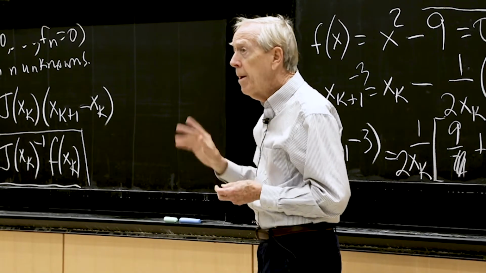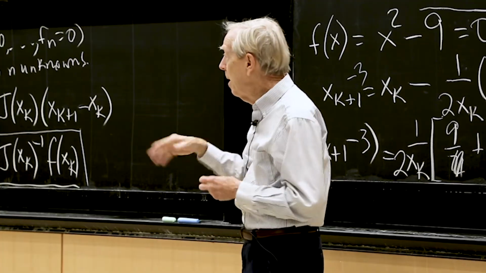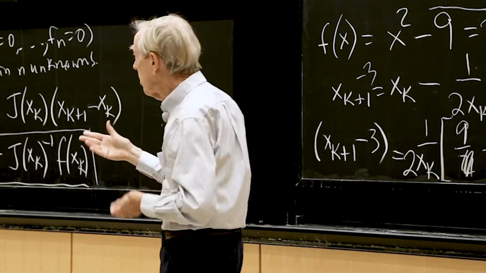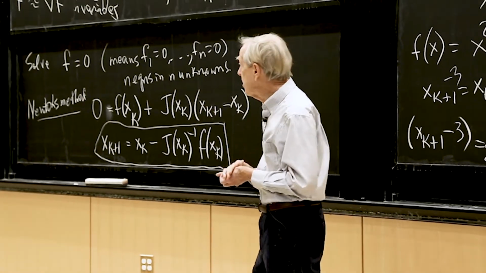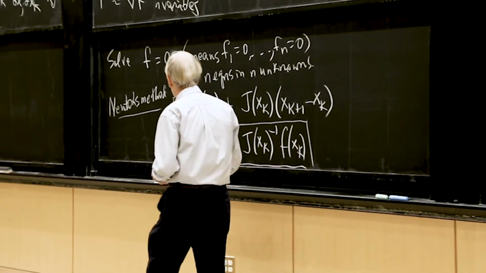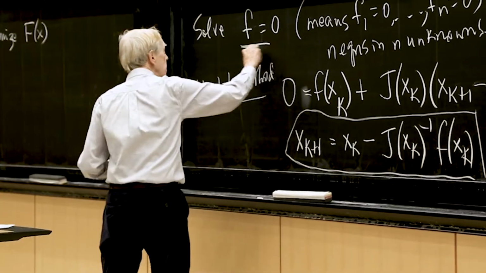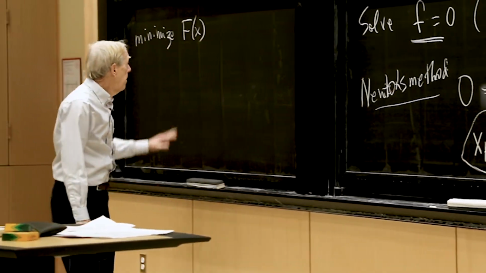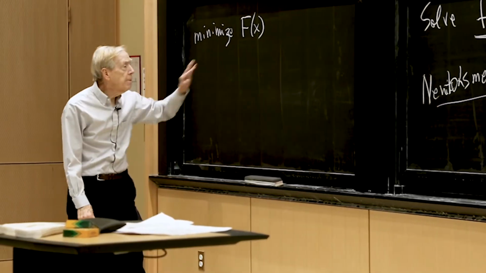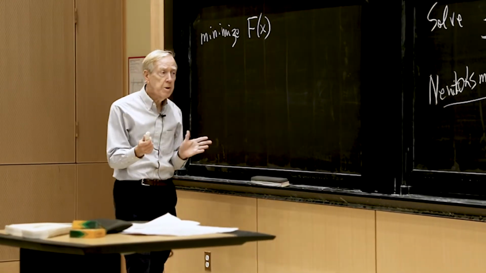And now I want to do Newton's method. I just want to convert all those words over to Newton's method for optimization. So remember, these boards were solving f equals 0. This board is minimizing capital F. And what's the connection between them?